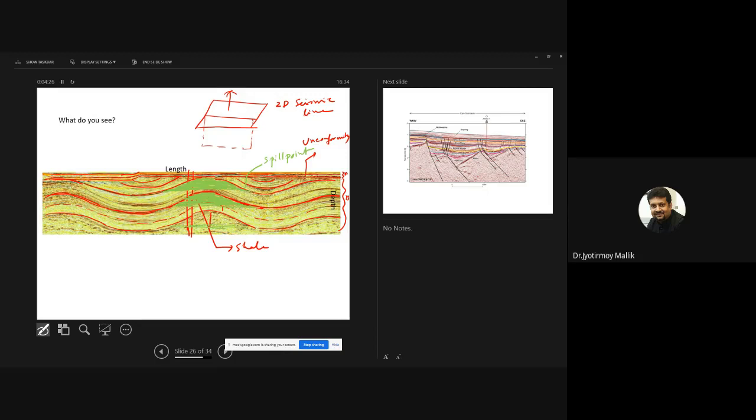Same is here, till the spill point, provided there are shales here, because that is where they will be my caps. The cap needs to be there to stop the vertical movement of the hydrocarbon.